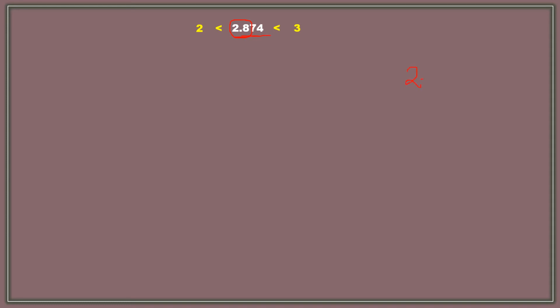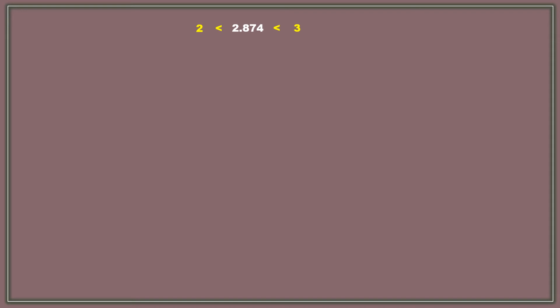First 2.8, only one digit after decimal, next 2 digits after decimal, next 3 digits after decimal. Okay, now let us go to the first step.